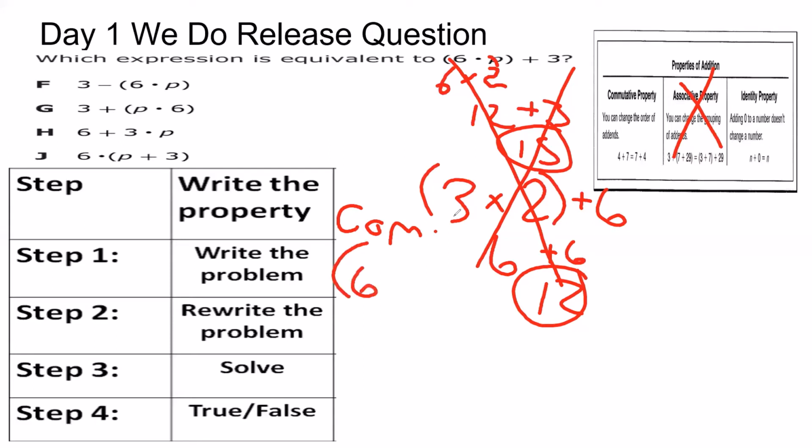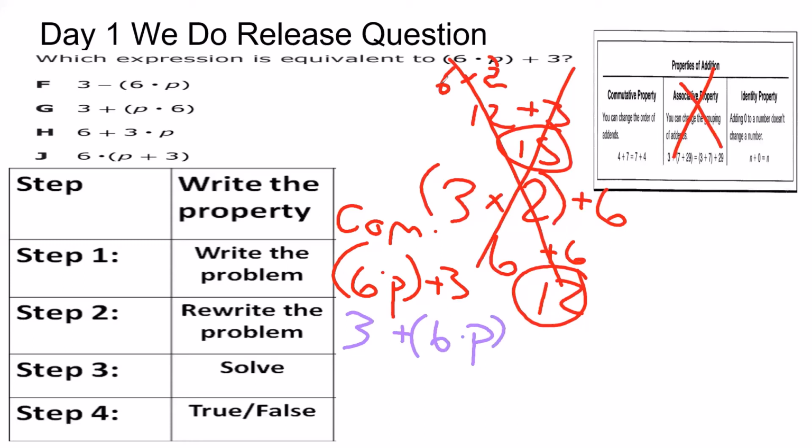I have 6 times p plus 3. Now, when I rewrite this, all I want to do is change the order that the expression is presented. So I'm going to write 3 plus 6 times p.